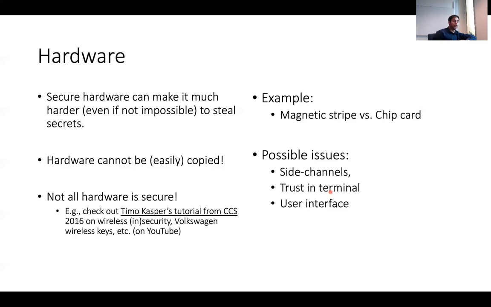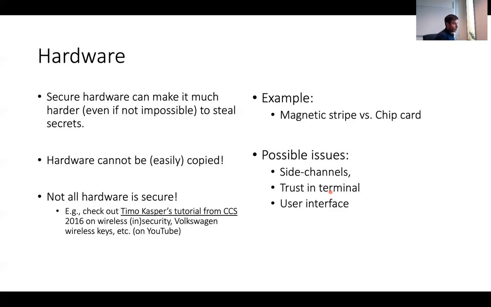There can be a lot of issues with hardware tokens, including side channels. Side channels are ways in which secrets can leak from a device, and there are many different kinds of side channels.